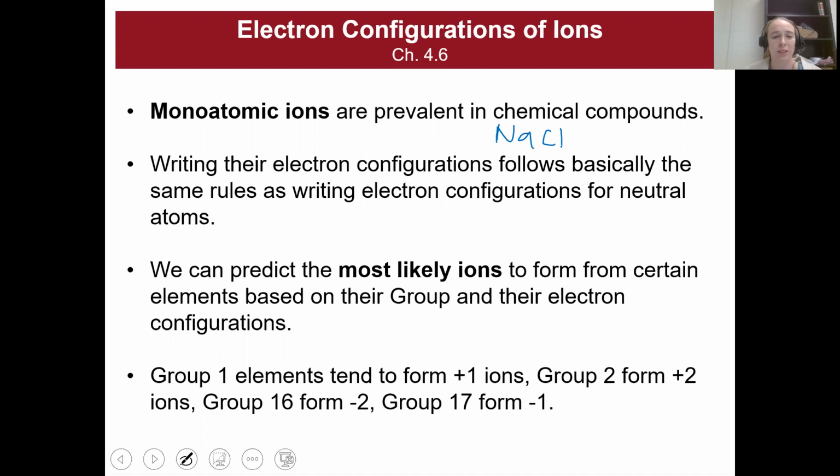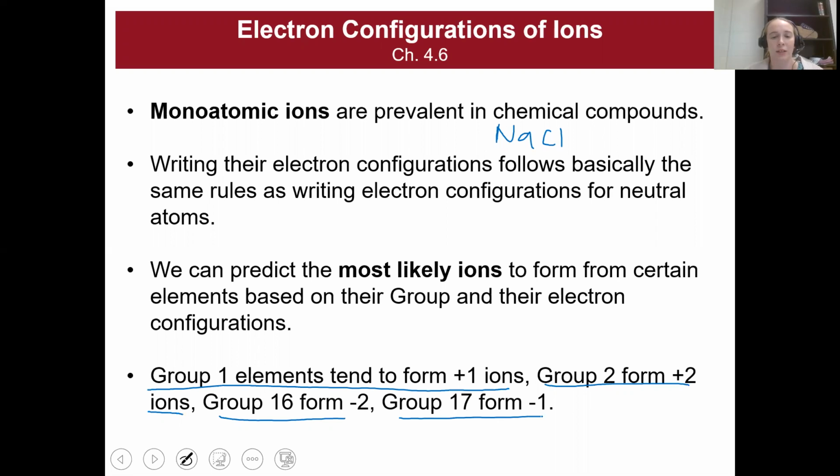So here's some examples. Group 1 elements tend to form +1 ions, almost always, if not always. Group 2 elements tend to form +2 ions. Group 16 elements tend to form -2 ions, and group 17 tend to form -1 ions.